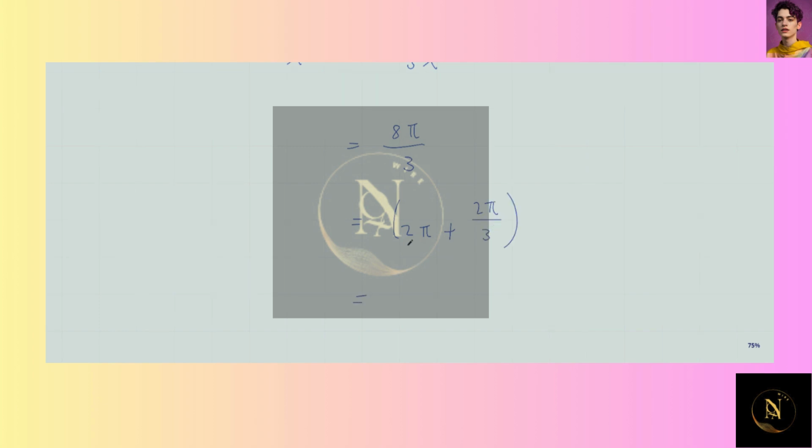So this phase difference is simply 2 pi by 3. And again, we have phi B, this phase difference, to be 2 pi x over lambda, which is 2 pi over 3. So it can be said that light from B and C are in the same phase, as they have the same phase difference with respect to A.